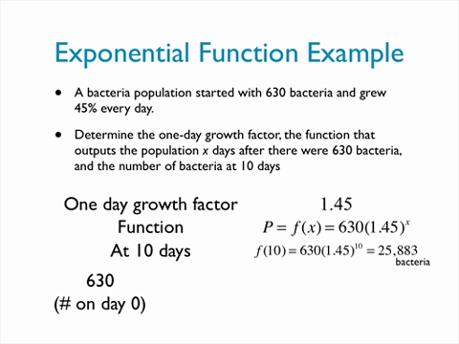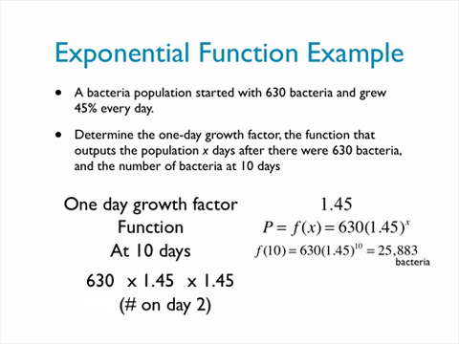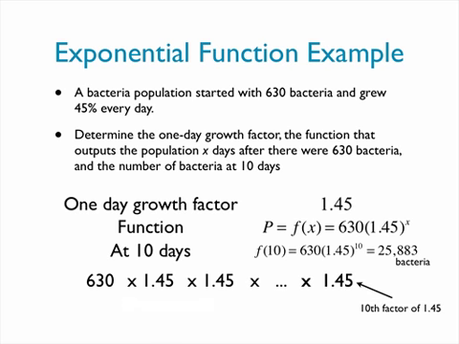Multiply by 1.45. And what could we do to that to get the amount on day number 2? Multiply it again. So to get the amount on day 10, it will be 10 of those 1.45s multiplied by the 630.